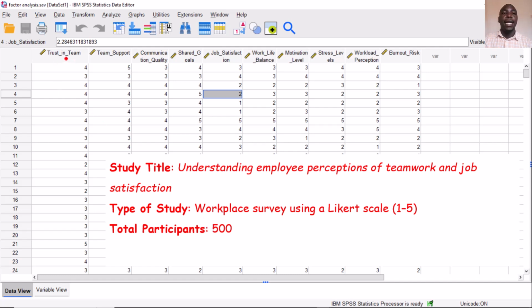Instead of us analyzing these 10 variables individually, which would have little meaning for us in answering our question, we would decide to use factor analysis to group these variables into factors or groups of related variables that can help us explain the variations in our study.